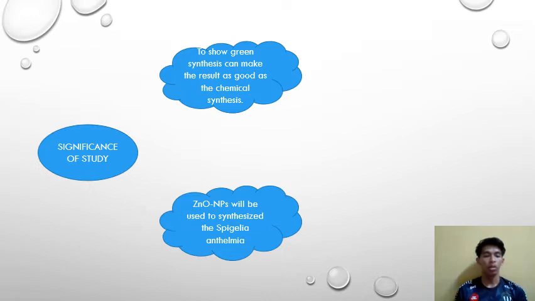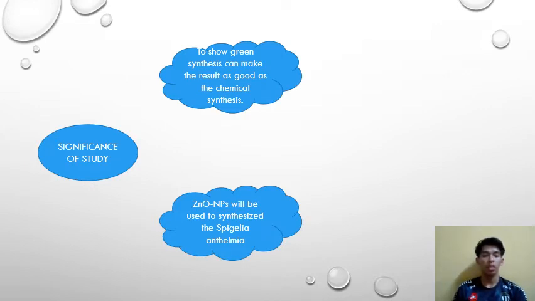The plant to be used in this synthesis is Spigelia anthelmia. Spigelia anthelmia is an important herbal remedy for wound infestation, neurologic disorder, pericarditis, and other diseases of the heart that is continuously being used in traditional medical and homeopathic practice.